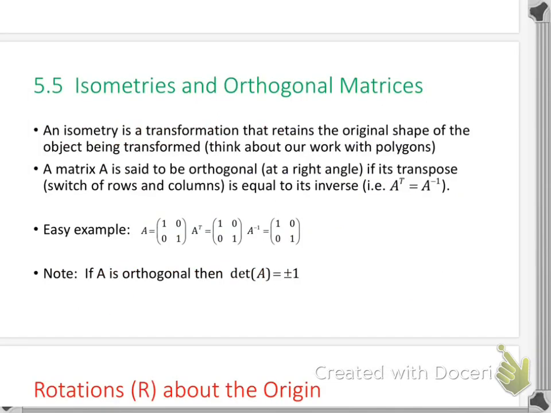Okay, we will not do much with this information, but I thought it was kind of an interesting little fun fact. So an isometry is a transformation that retains the original shape of the object being transformed.